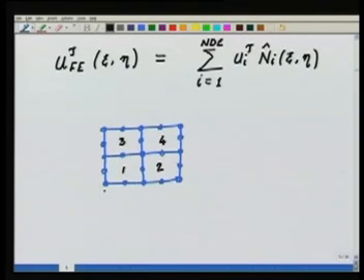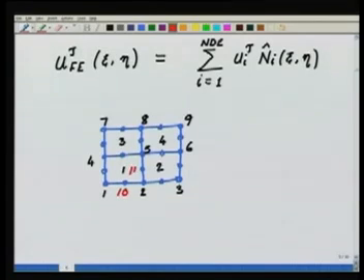I decide to number the degrees of freedom as 1, 2, 3, 4, 5, 6, 7, 8, 9, and I will call these 10, 11, 12, 13, 14, 15, 16, then I will come here 17, 18, 19, 20, 21.